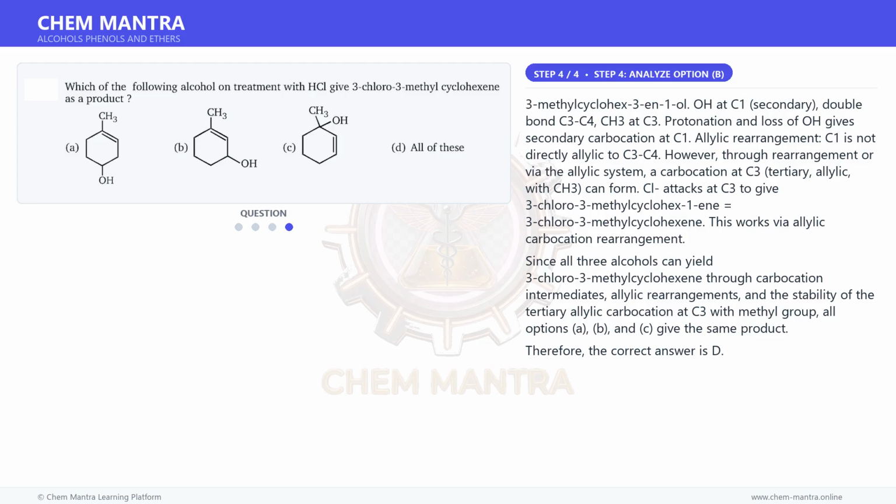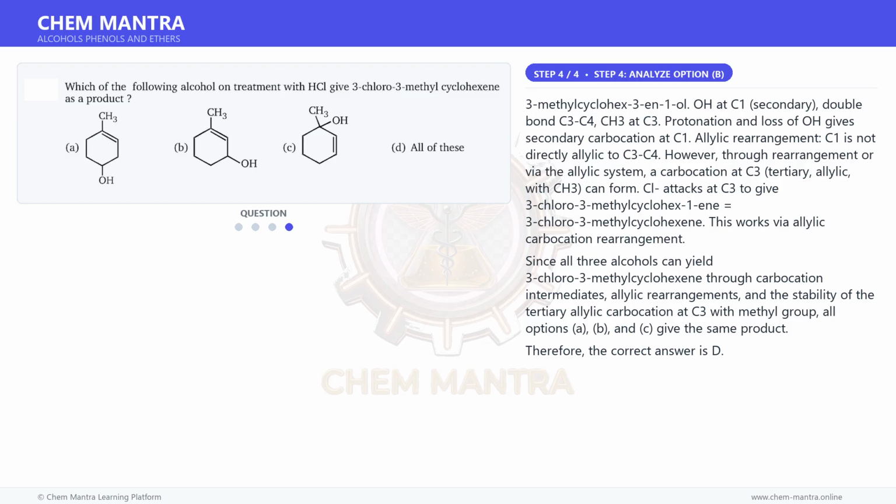3-methylcyclohex-3-en-1-ol. OH at C1, secondary, double bond C3, C4, CH3 at C3. Protonation and loss of OH gives a secondary carbocation at C1. Allylic rearrangement, C1 is not directly allylic to C3, C4.